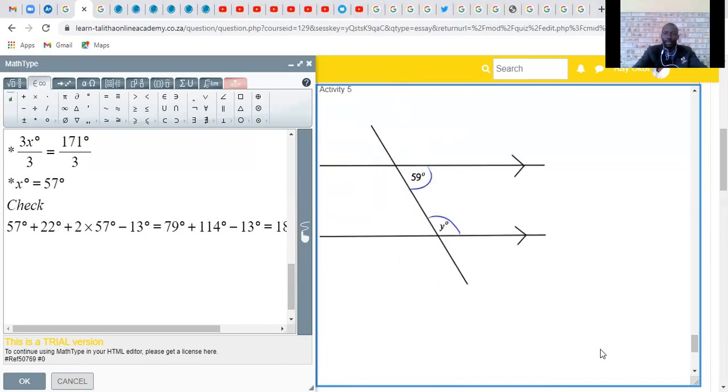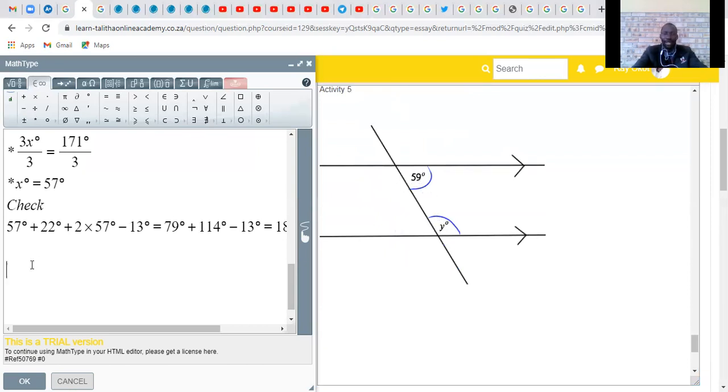Activity 5 is where we have to determine the value of y. Now, one thing we are seeing is that this angle, y in degrees, and 59 also in degrees, are on the same side, and so we call them same side angles.